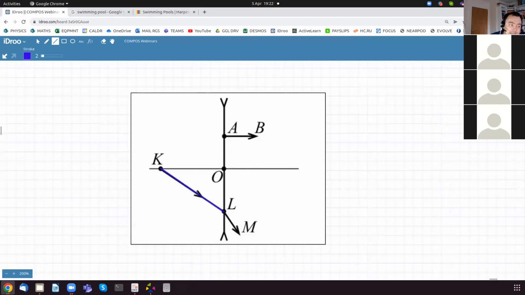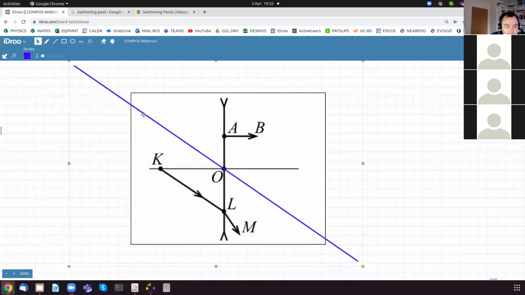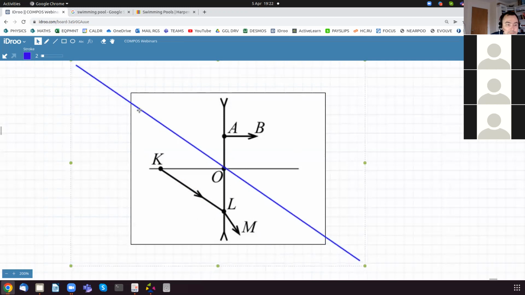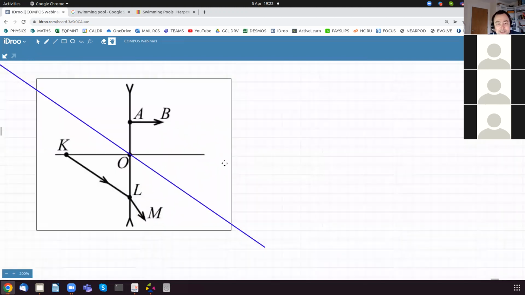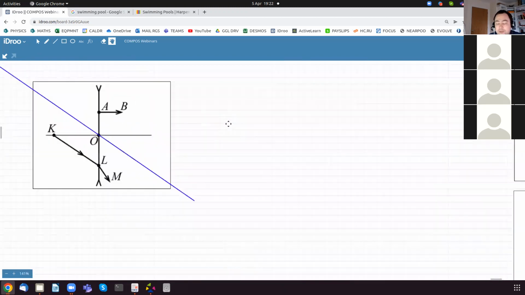So this is KL. So we're going to extend that, and we're going to draw that through the center of the lens. We're using the fact that a parallel beam of light always gathers at the focal point.